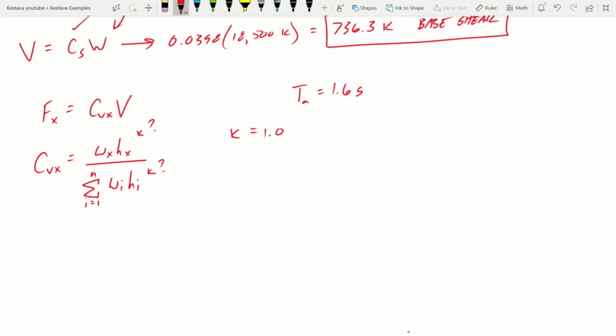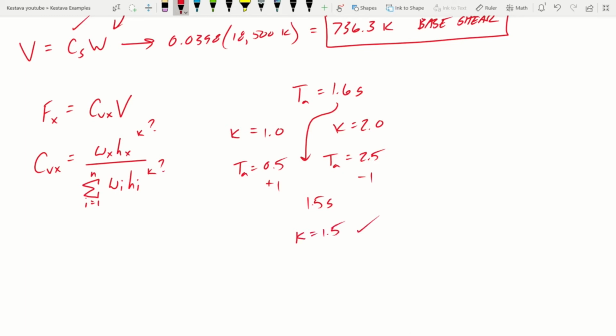K equals 1.0 at T sub a equals 0.5, and k equals 2.0 for a period of 2.5. Well, 1.6 is what we got. So if we plus 1 to that side and we minus 1 from that side, that gets us 1.5. That's close enough for me, so k is going to equal 1.5.